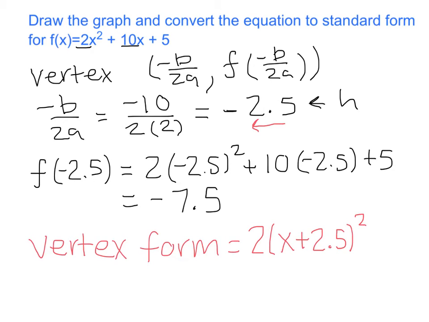And then our k value is going to move us down 7.5 units. So there's our equation for vertex form: 2(x + 2.5)², don't forget the squared, minus 7.5.